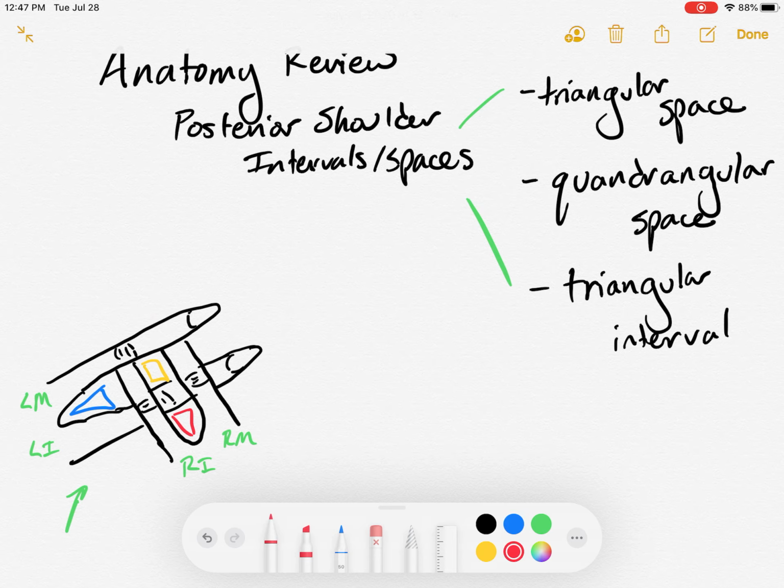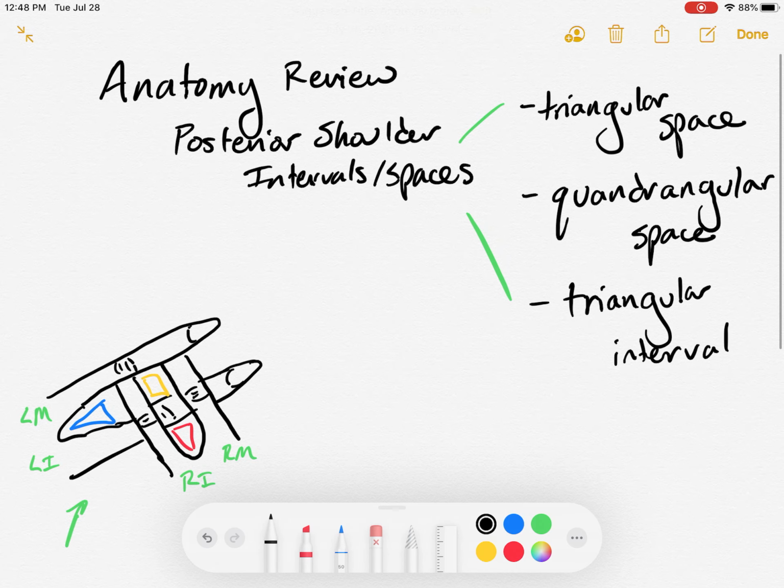And if we just remember the fingers, we can remember what the borders are for each of these three spaces, and we just need to remember that the triangular space is with our left hand and the triangular interval is with our right hand. I guess interval has the letter R in it for right hand, if that helps, but that's a pretty minor detail to try and hang on to.